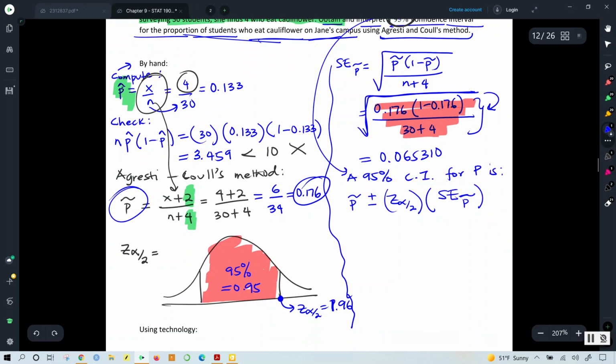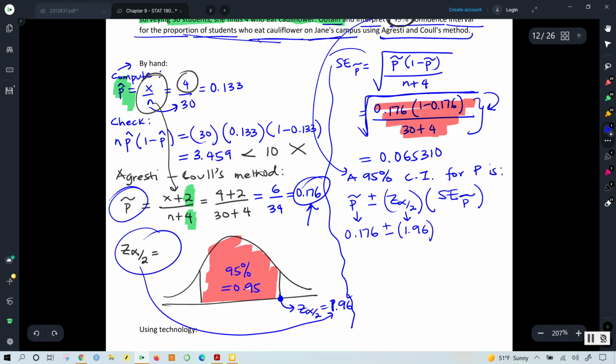All right, so what is the value of p tilde? It is 0.176. We saw that here. Plus or minus, what is the value of z of alpha over 2? It is 1.96. What is the value of the standard error?